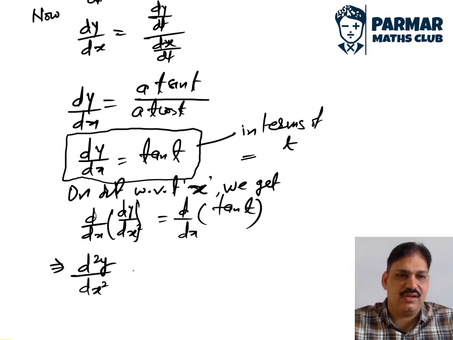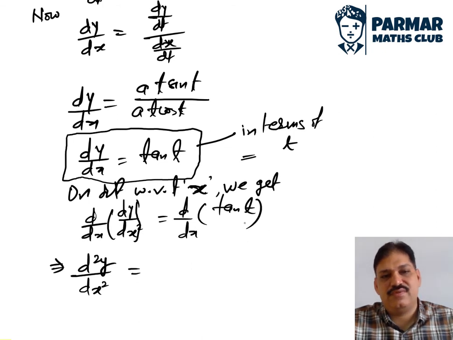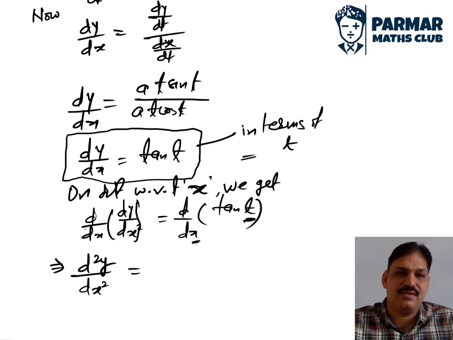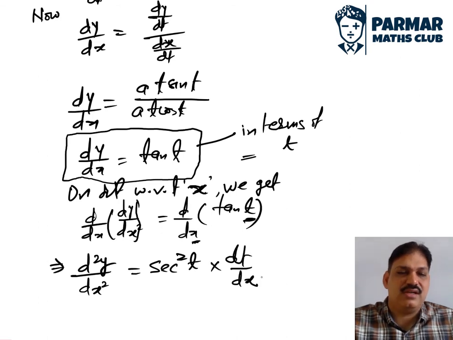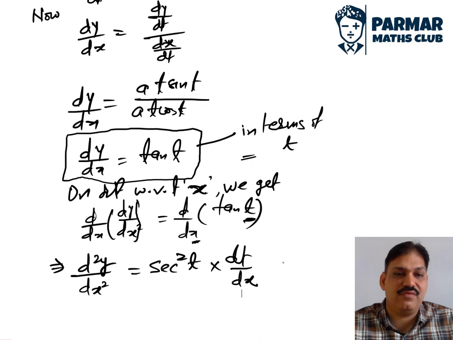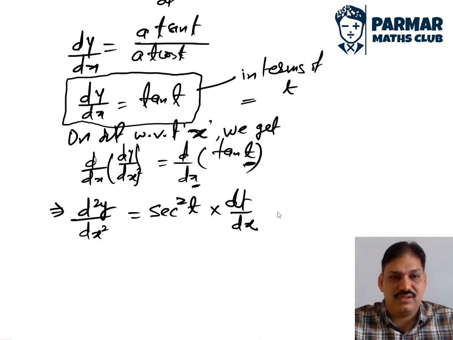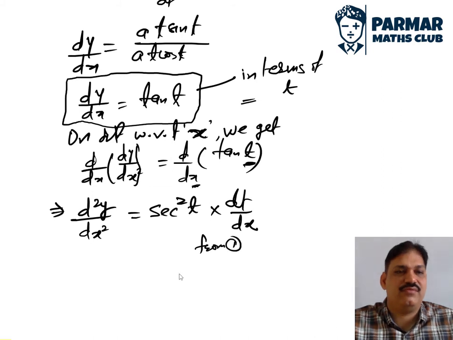Now we talk about the right hand side. This is a function of t and we are differentiating with respect to x, so we will apply the chain rule. This is tan t. The derivative of tan t is sec square t into dt by dx, and this is nothing but the reciprocal of dx by dt. So we will use the value from equation 1.